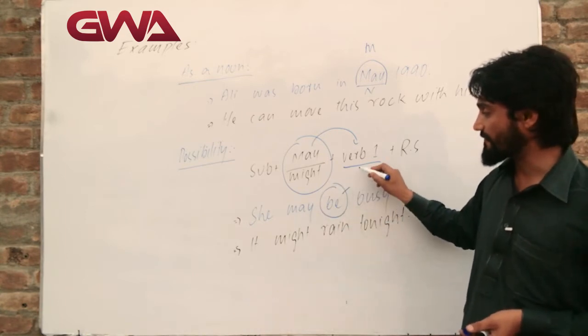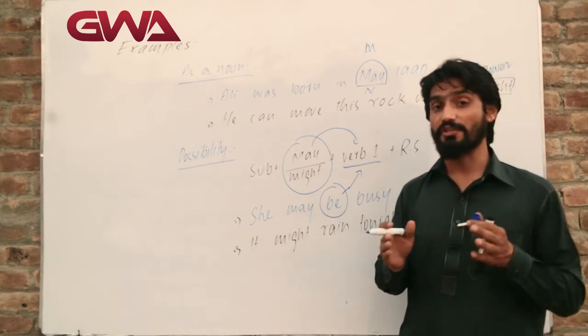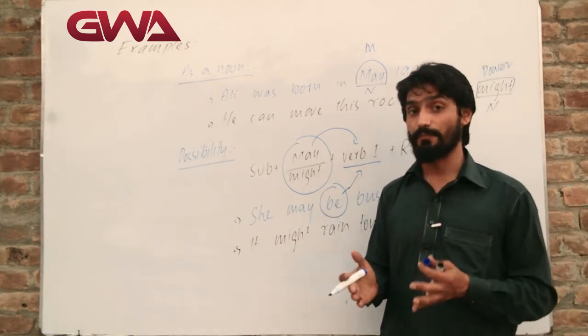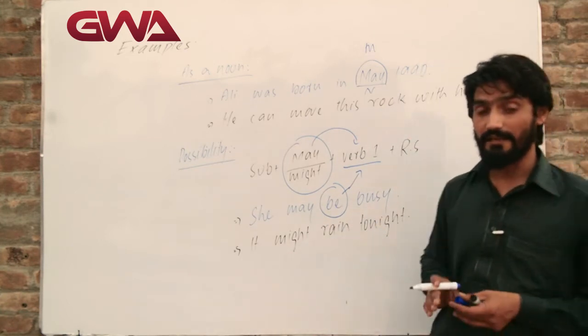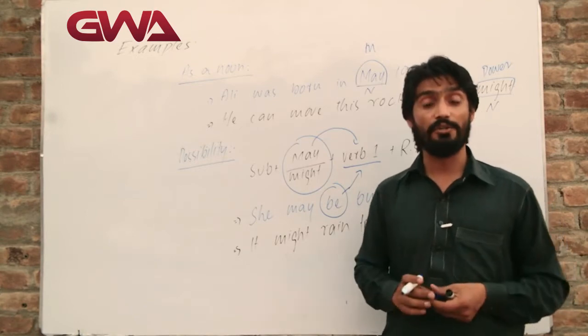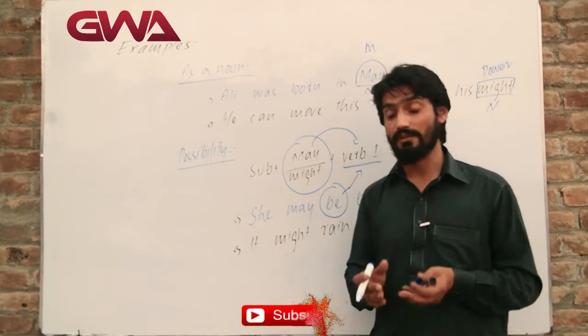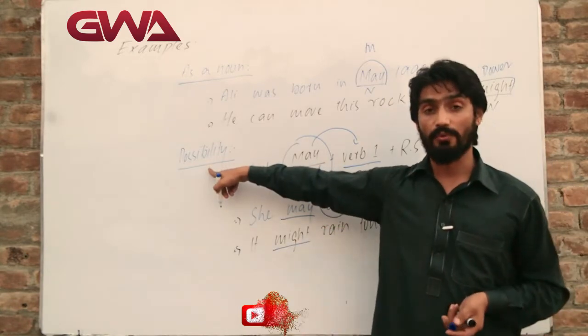Now, be is the first form of the verb. We are not completely sure whether she is busy or not. Possibility is there. It might rain tonight. There are clouds. We are not completely sure whether it will rain or not. So here may and might show possibility.